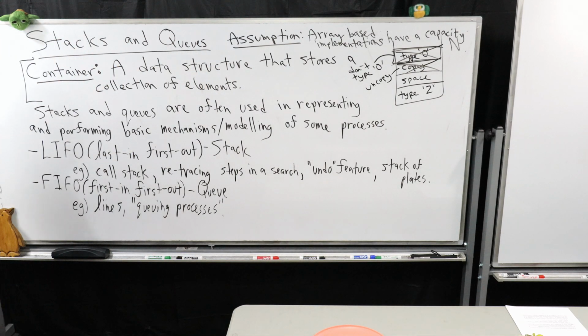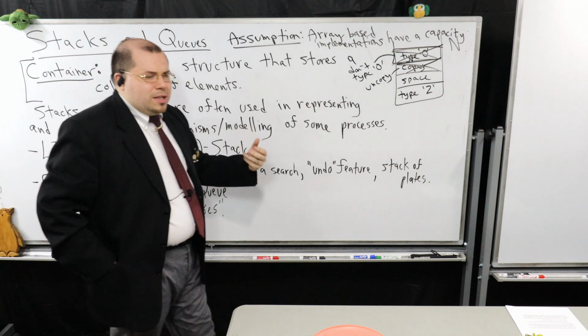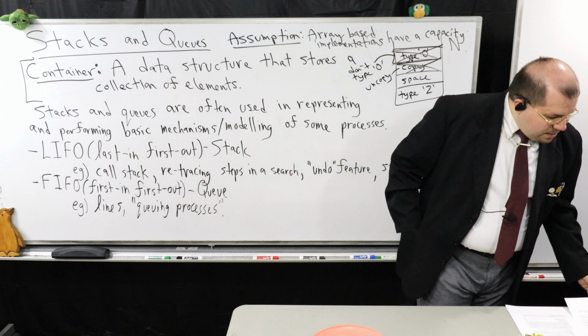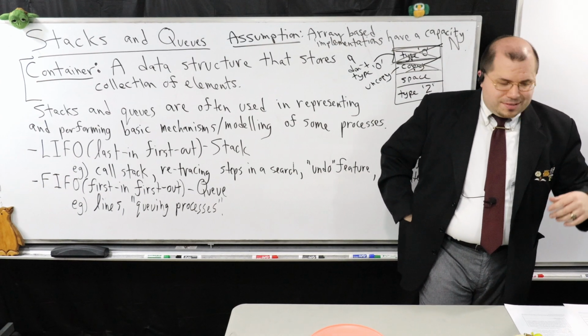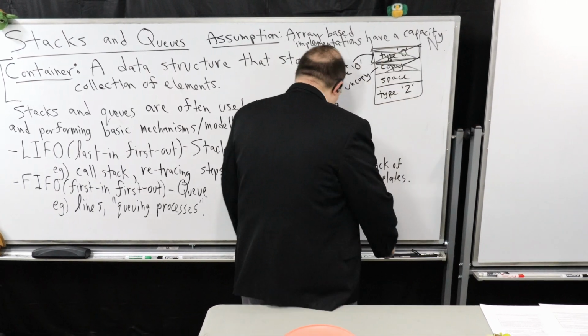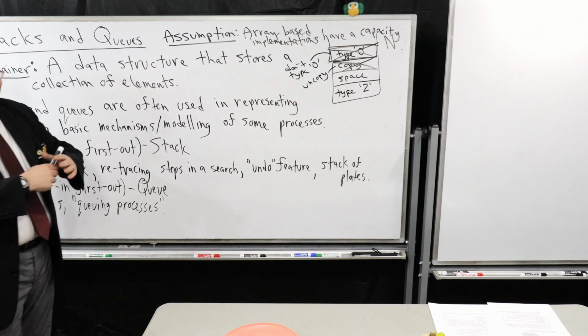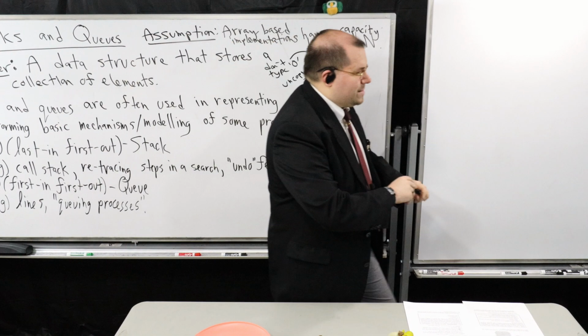So that's just something I want you to be aware of. It's going to have some capacity, and that also will be the initial length of the array. Anyways, let's start talking about stacks. Most of this, you're going to feel like I've already talked about a while back.